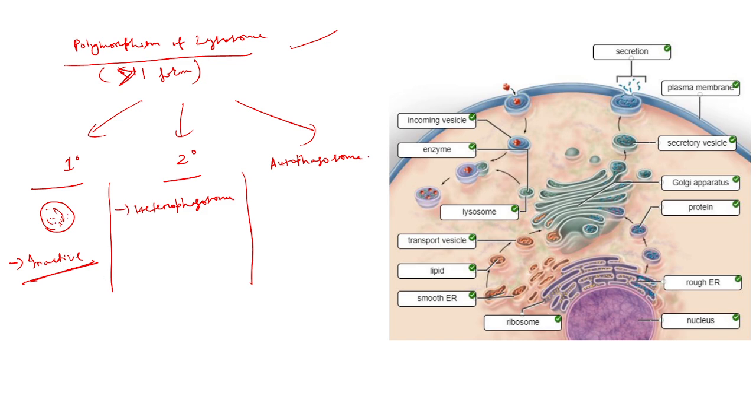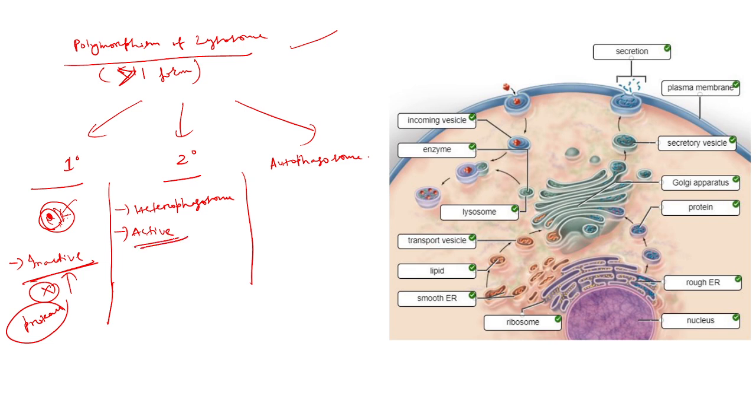For example, if any protein comes to this, it cannot digest it, because the protease is present but in the inactive condition. But in the secondary lysosome or the heterophagosome, the protease is present and that too in the active condition.